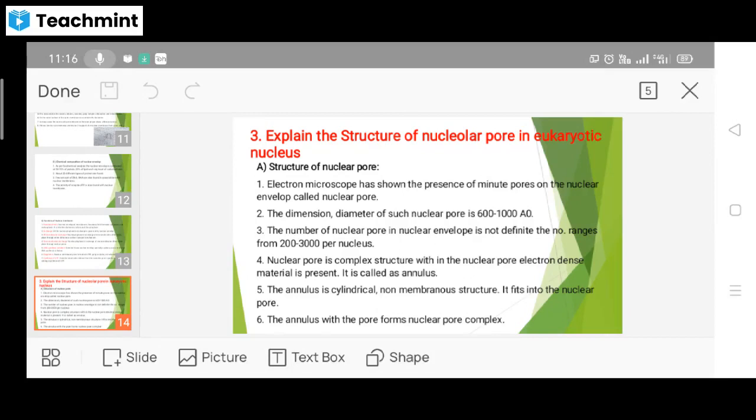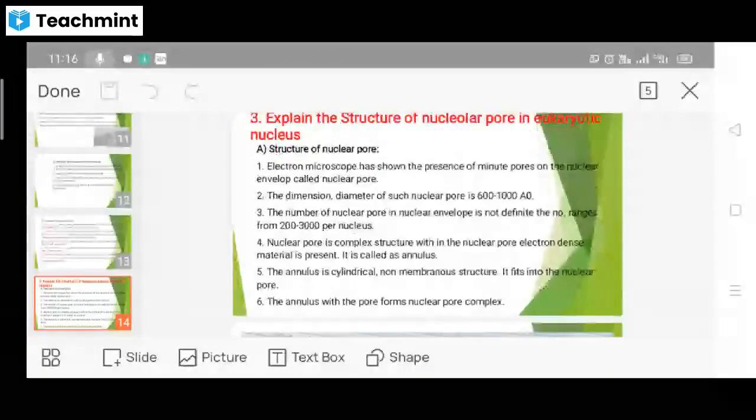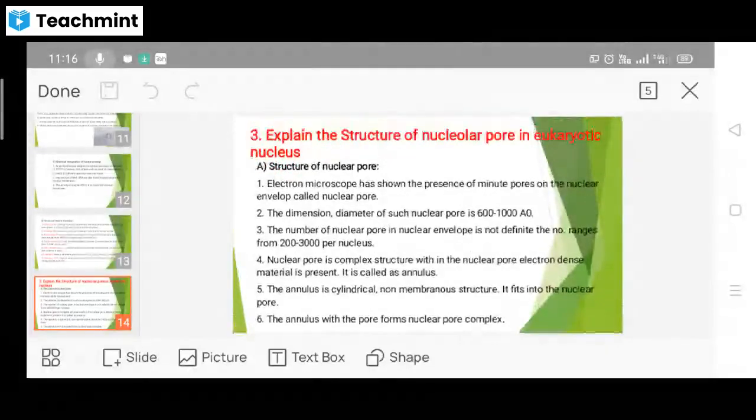This nuclear pore is a complex structure, and these pores have electron dense material present, which is called the annulus. This annulus is a cylindrical non-membranous structure and it fits into the nuclear pore. So this annulus within the pore forms a nuclear pore complex.